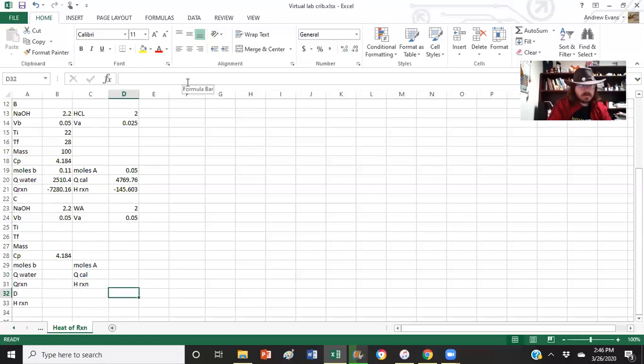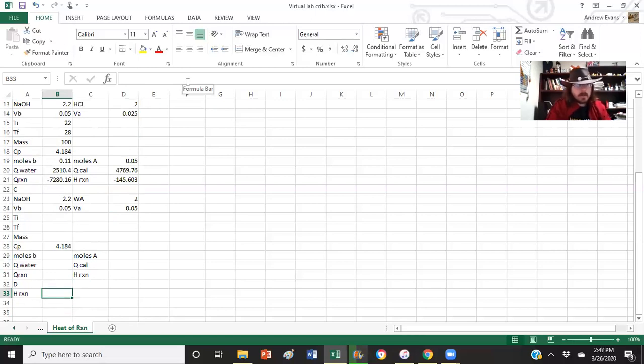And then finally, the last step is you would figure out there's going to be some combination of delta H in this reaction and delta H in this reaction, and you're going to add or subtract them together to get this reaction.